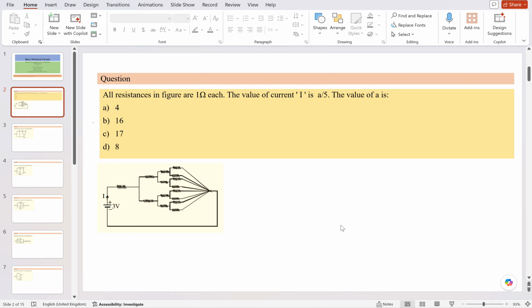Let others also solve, and after that, I will give the solution. Last 30 seconds to solve this problem. After that, we will move forward.